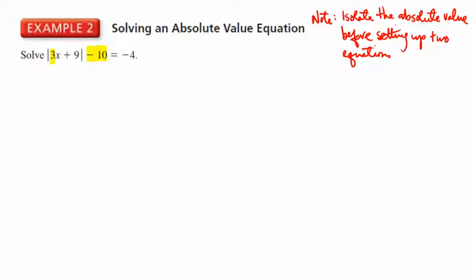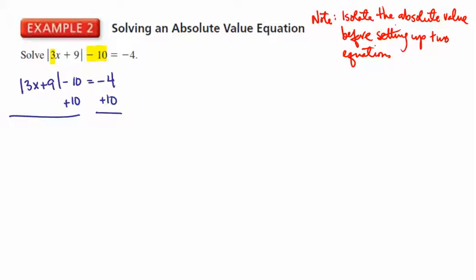What we would do in example 2 is add 10 on both sides. Now some people may look at the original equation and say, hey, that's an absolute value and it's equal to a negative number on the right. But we have to reiterate that an isolated absolute value can never equal a negative number.